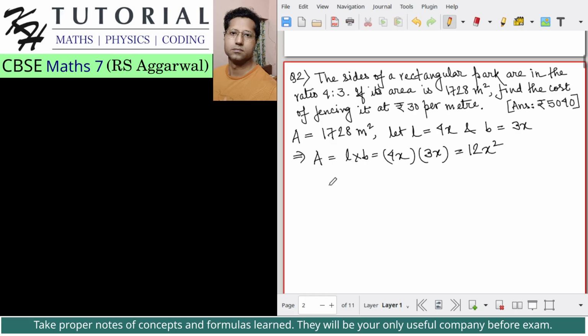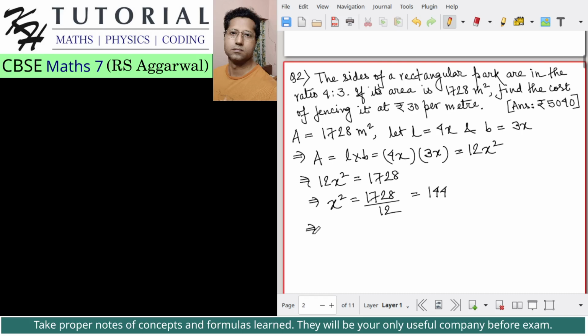So this implies that 12x square is equal to 1728, because the area is already given to be 1728 meter square. So from here we can find x square. X square will be equal to 1728 divided by 12, which is 144.